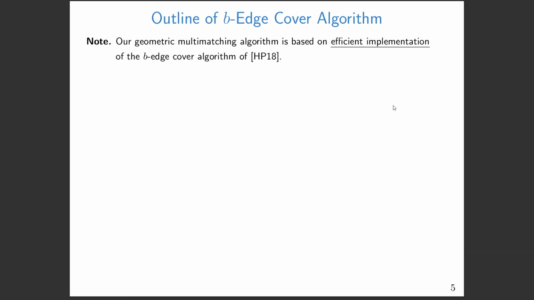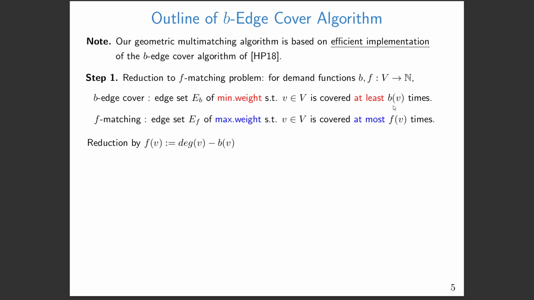Basically, our geometric multi-matching algorithm is based on an efficient implementation of the b-edge cover algorithm using some new geometric ideas. So let me briefly review the previous graph b-edge cover algorithm. Their first step is to make a reduction to the f-matching problem.